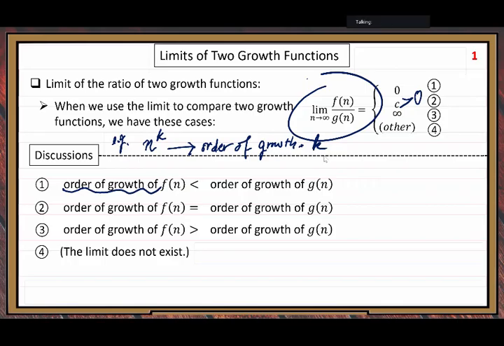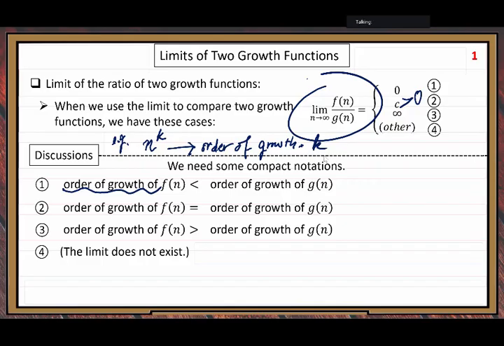If the limit method does not work, we need to find a different method to make it work. That means this technique has a limitation. So we need to use a different technique to tell us which one grows faster, which one grows slower.